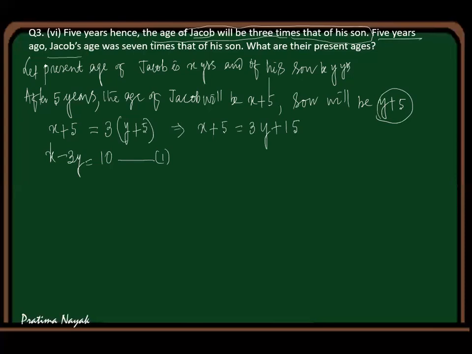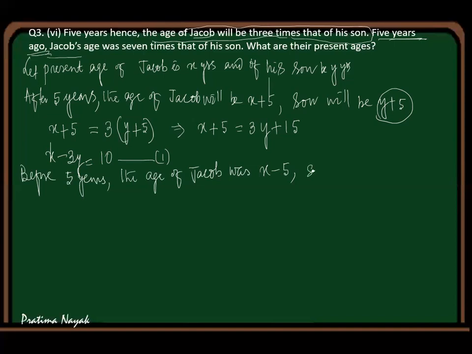5 years ago. Before 5 years. The age of Jacob was certainly it should be less, 5 years less. If you are 15 years now, before 5 years, you were 10 years, 5 years less.